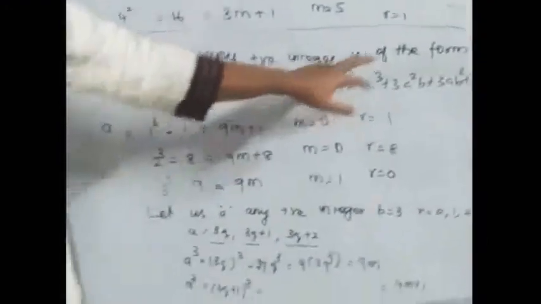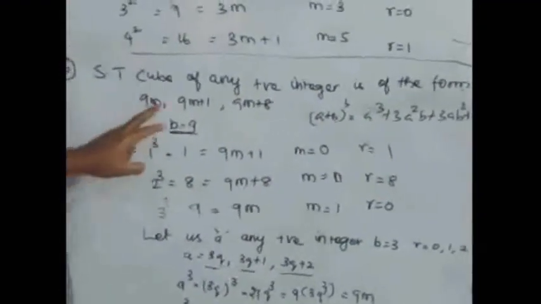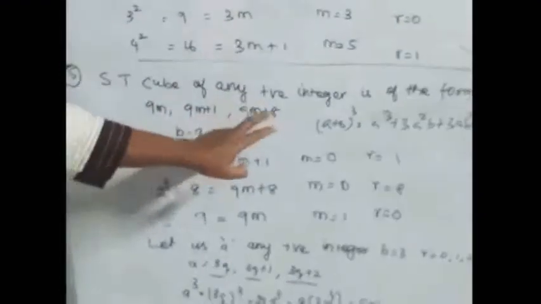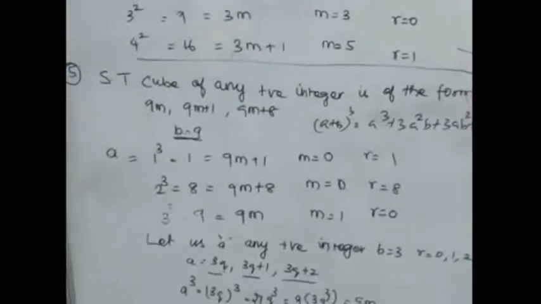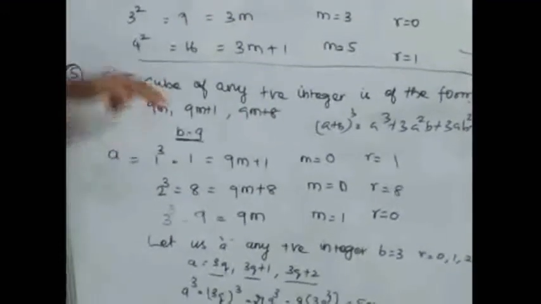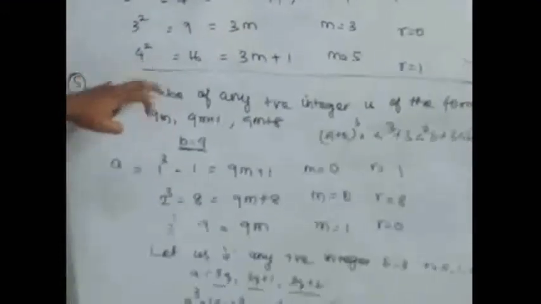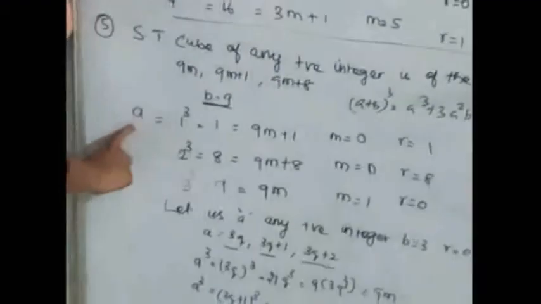In your book, your next sum is: show that the cube of any positive integer is in the form of 9m or 9m plus 1 or 9m plus 8. So instead of q square, here you have to cube the positive integer. Just consider a is the positive integer.